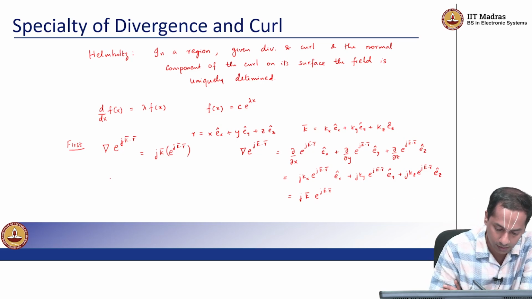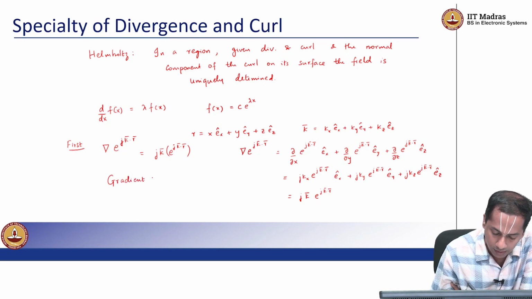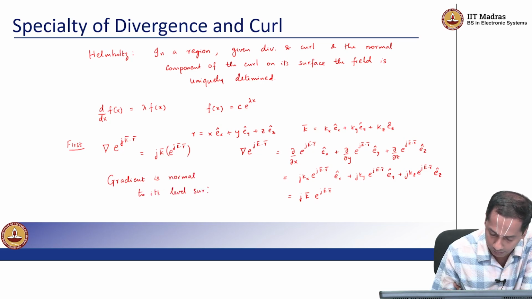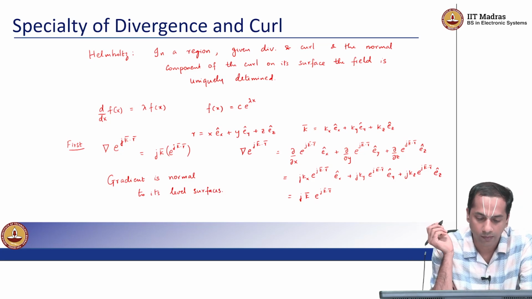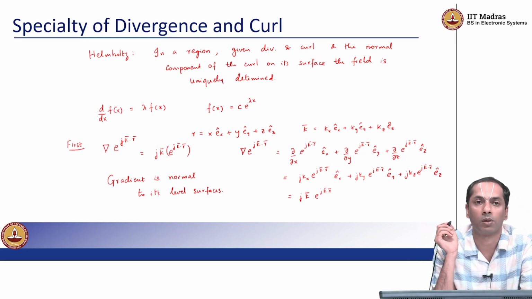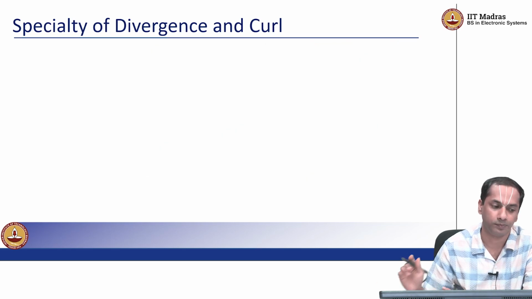Okay, so this is simply written in English, that the gradient is normal to its level surfaces. Okay, so we are seeing an interesting property of the gradient. We will see a little bit more.